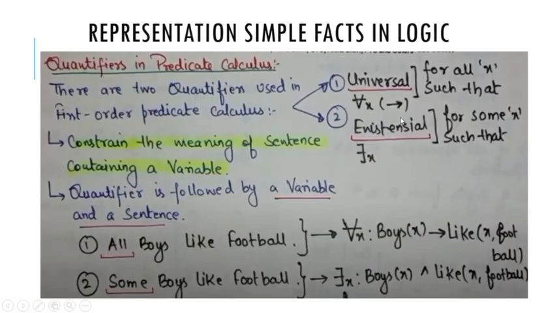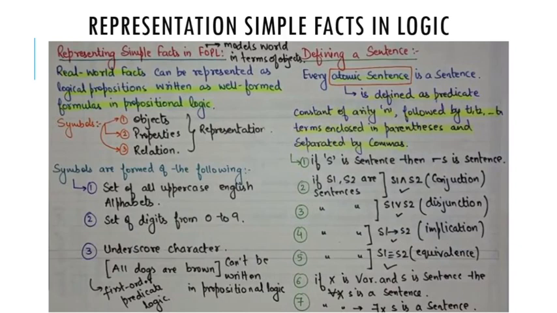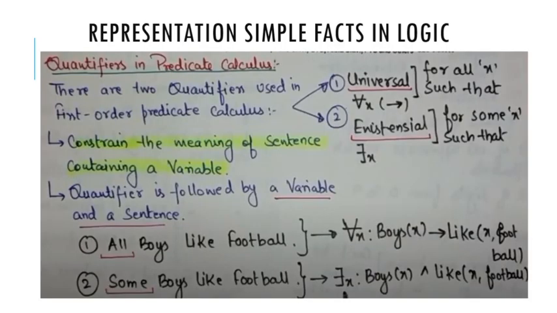So these are the quantifiers used for making sentences. Here existential is not for every, but for some x, S is a sentence.